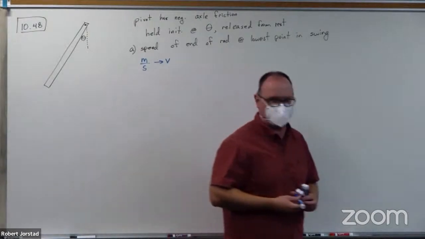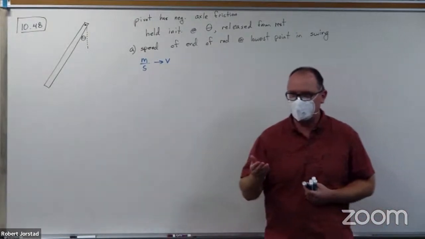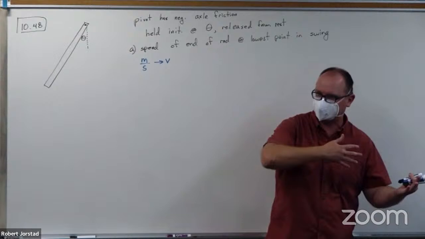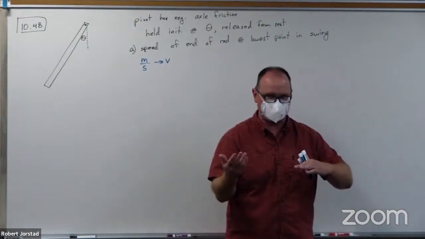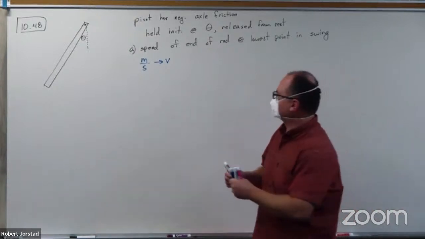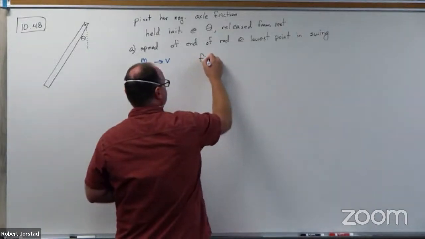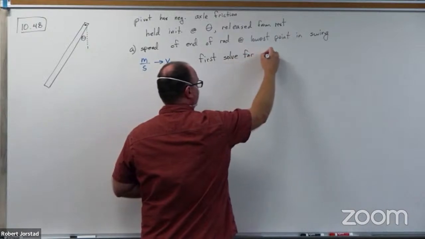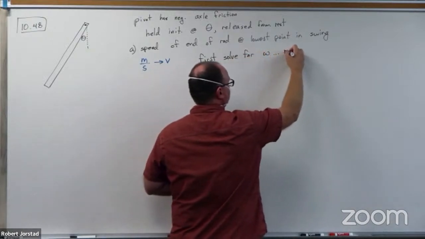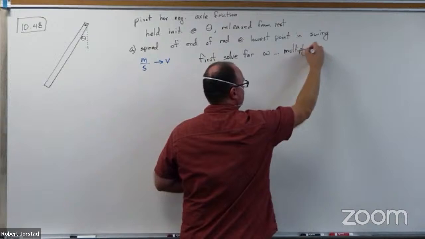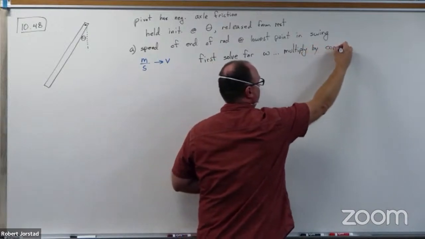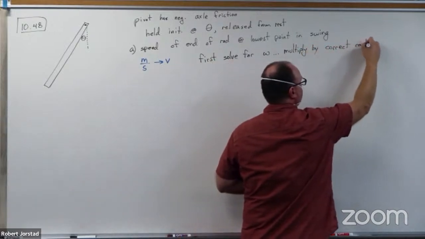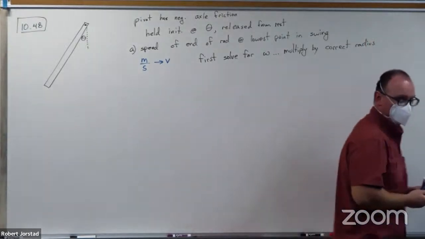Remember in the last problem, if you wanted to get acceleration, we would first solve for angular acceleration, then multiply by radius. So what do you think the trick is going to be here? First, solve for omega, multiply by correct radius. That's the way we usually do it with these problems.